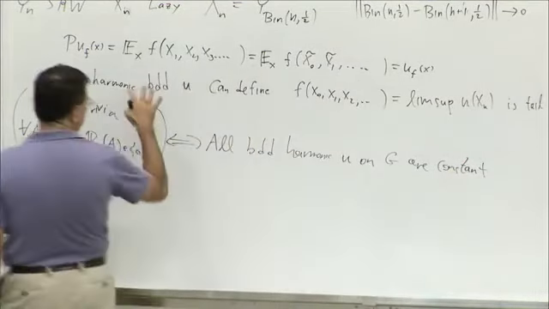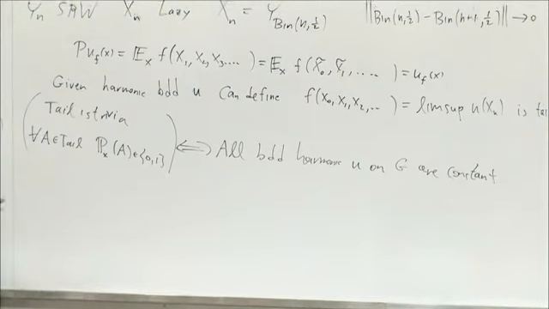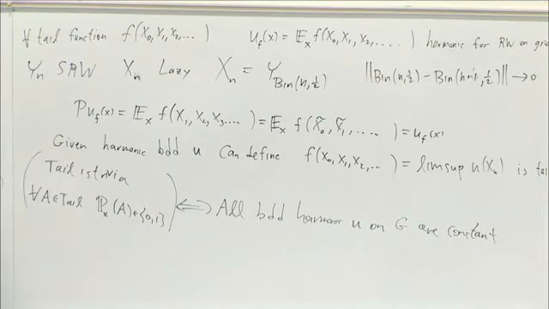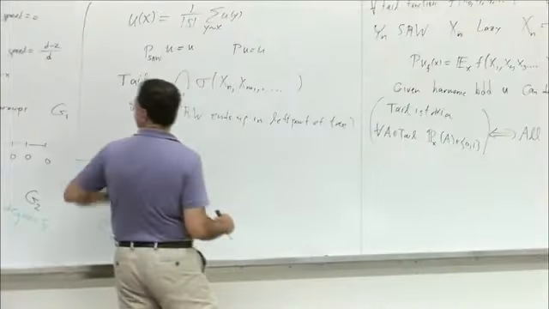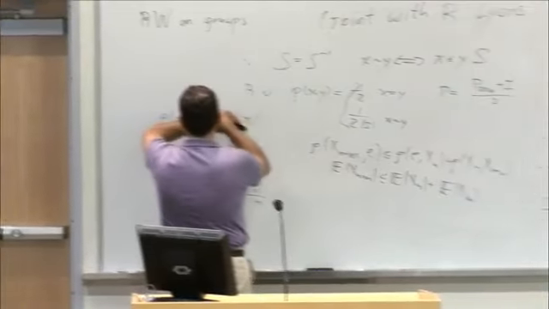So that's an easy consequence of this correspondence. If there was a non-trivial event A, we could define a harmonic function by taking f to be the indicator of A, and that corresponding harmonic function would be non-constant. Okay, so that's the basic correspondence.